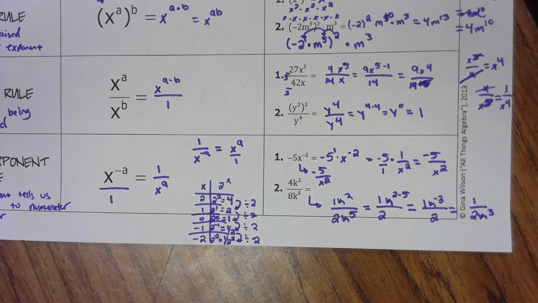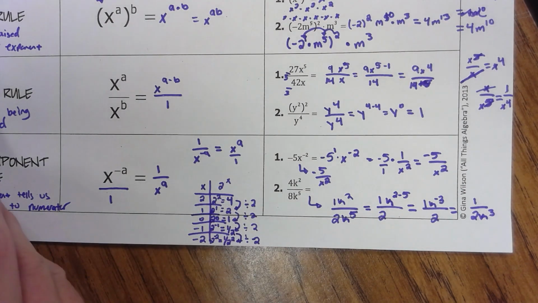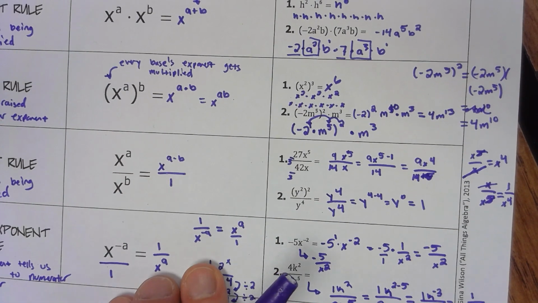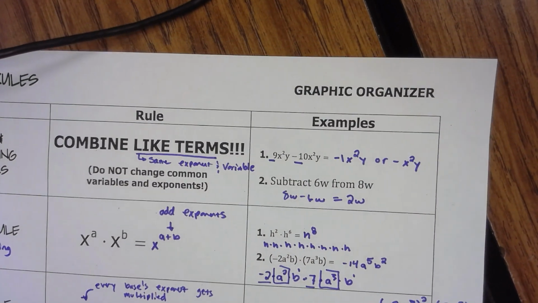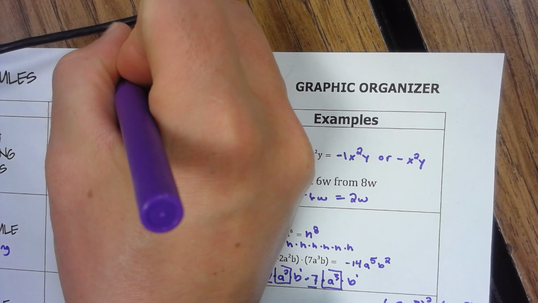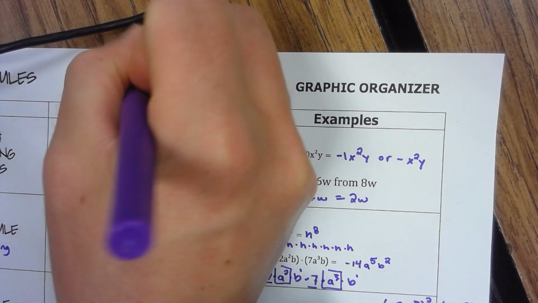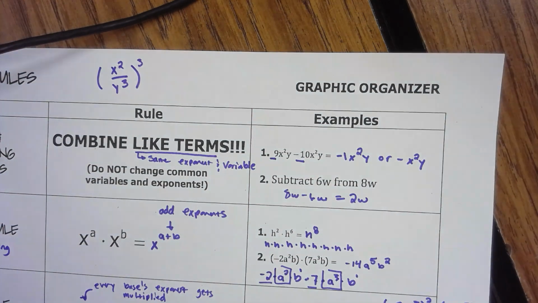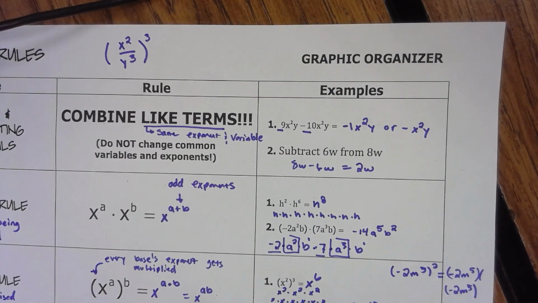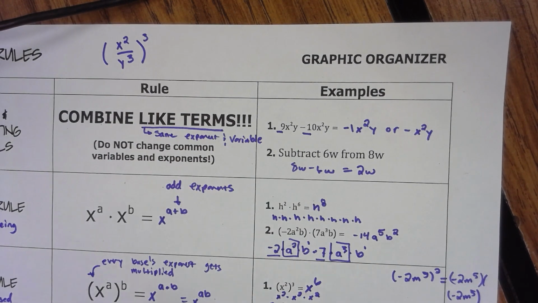Okay. The only thing that I did not get to, and this is kind of an extension for this power rule, let's add this up at the top just because we don't have a lot of room here, is if you have, let's say, x squared divided by y cubed all to the power of 3, this is the same thing as that power rule where every exponent here is going to get multiplied by 3.